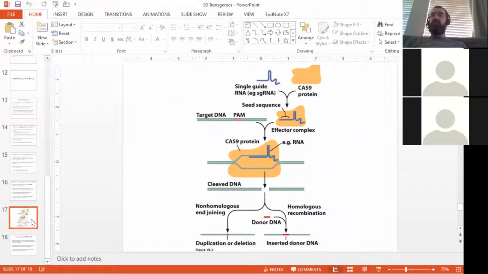And so what you end up then is either a new bit of DNA inserted, which might code for something that you want to be there, say a reporter or whatever, or it might simply change the sequence of that target gene in ways which you decide, depending on what you're interested in.